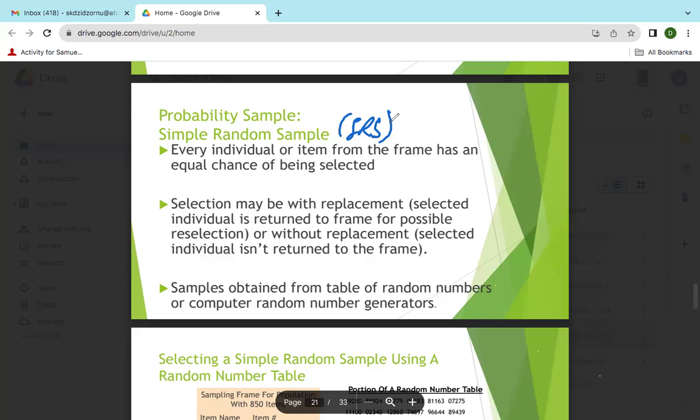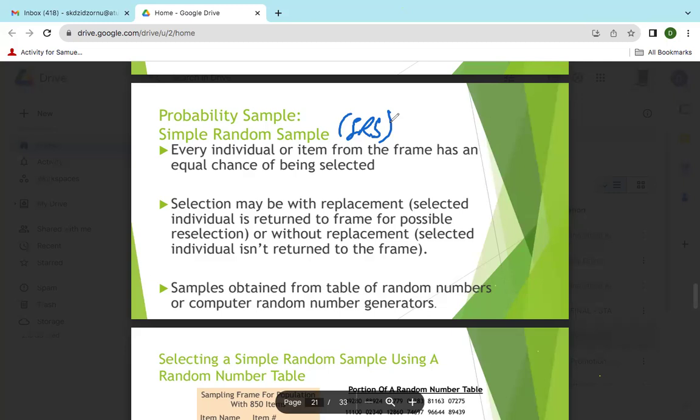Before I look at the subtypes of simple random sampling, I want you to imagine that we're trying to make a smaller selection from a bigger population. When I say shuffling of the population, think of it this way.